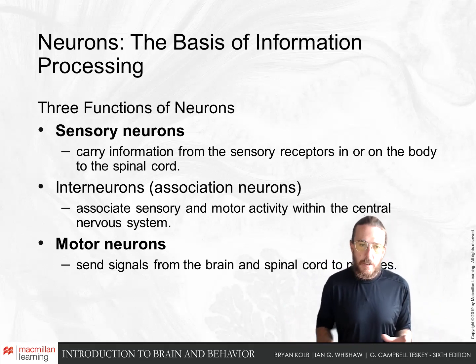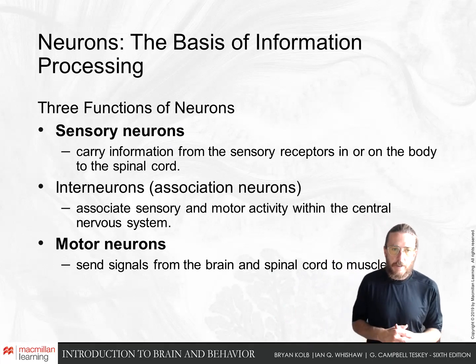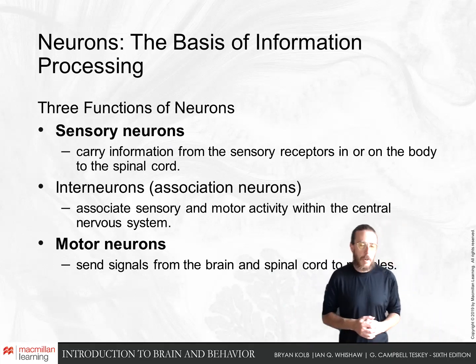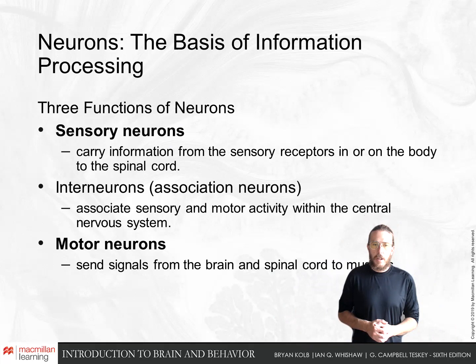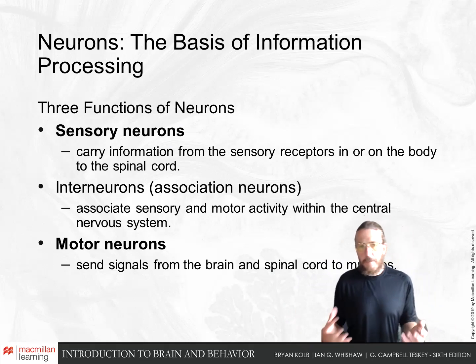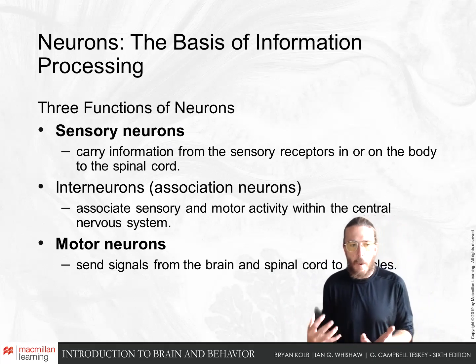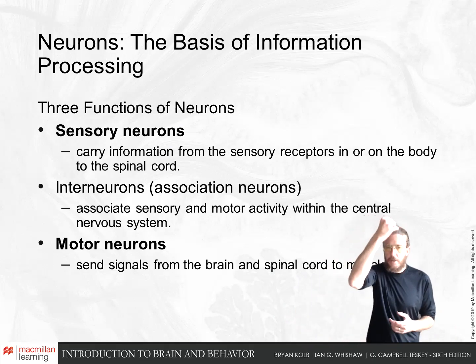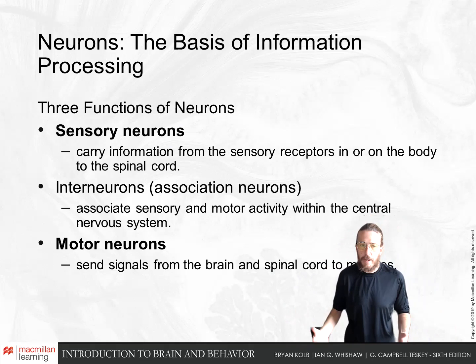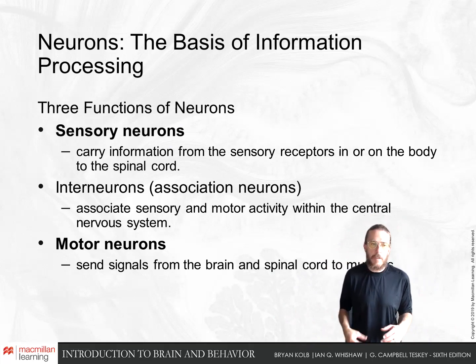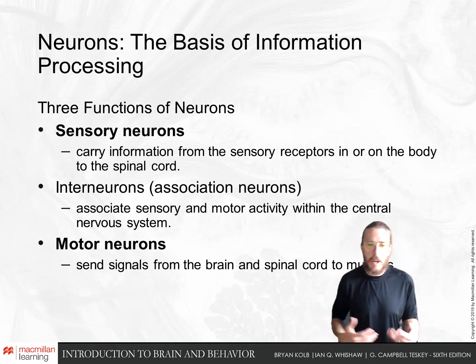The interneurons associate these various sensory informations together in more and more complicated ways and create motor plans using these associations. And then finally, the motor neurons start in our brain and travel down our spinal cord to our muscles to output commands to move our voice and our body.